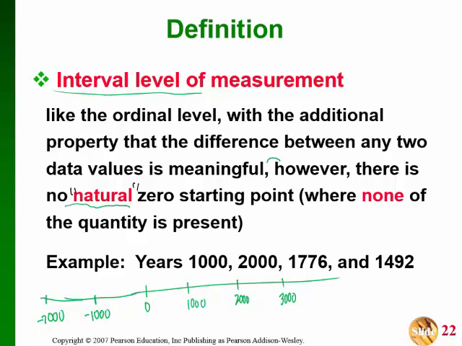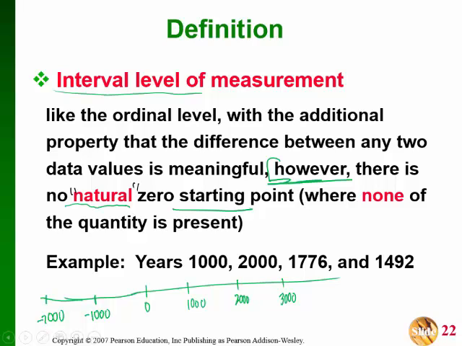Now, the way to define interval is that this is an interval level of measurement if there's no natural 0 starting point. Now, if we look at our calendar year, the calendar that we're using, there's a 0 there, right?